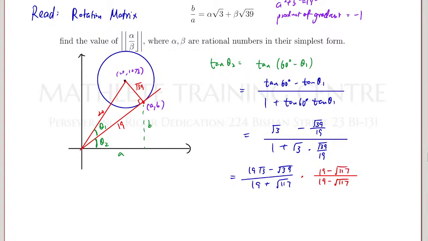Denominator will be 361 minus 117. This is actually 244. Numerator here will be, so this guy times this guy is 361 square root 3. This guy times this guy is square root 13 times square root 3. And then what's this?